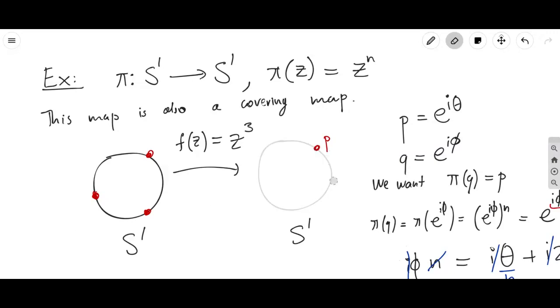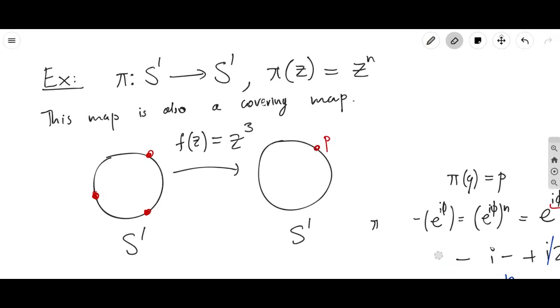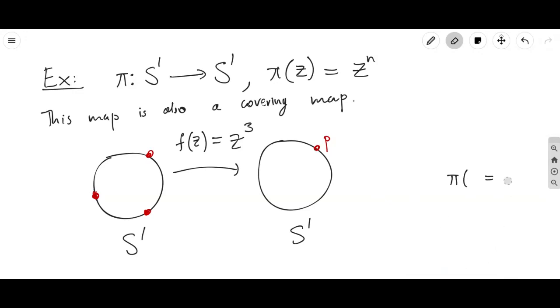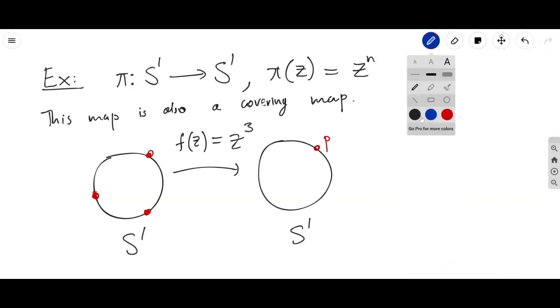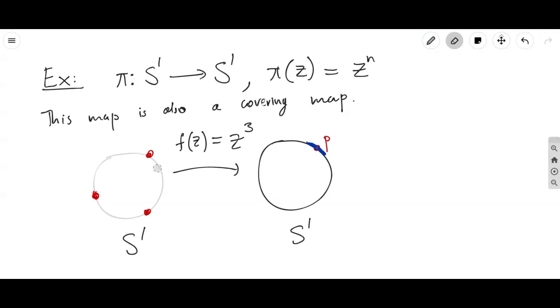So now, you want to find an evenly covered neighborhood, an evenly covered open set. To show that this is a covering map, you have to find a small enough open set. If you draw this sufficiently small, like this, then what's going to happen in the picture is that this piece gets mapped to something like this, and then something like this.